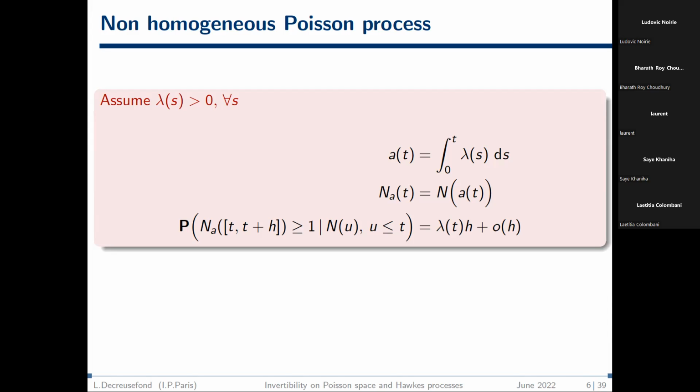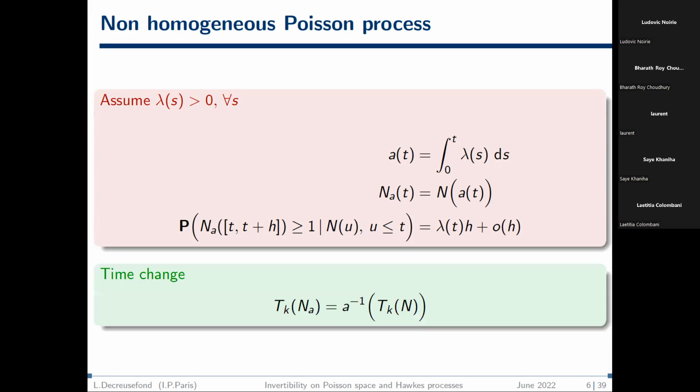And it's relatively easy to show that the local intensity of N_A is indeed lambda t times h plus something which is negligible with respect to h. So this is well-known stuff. Non-homogeneous Poisson processes are not so useful, but yeah, just an opinion.